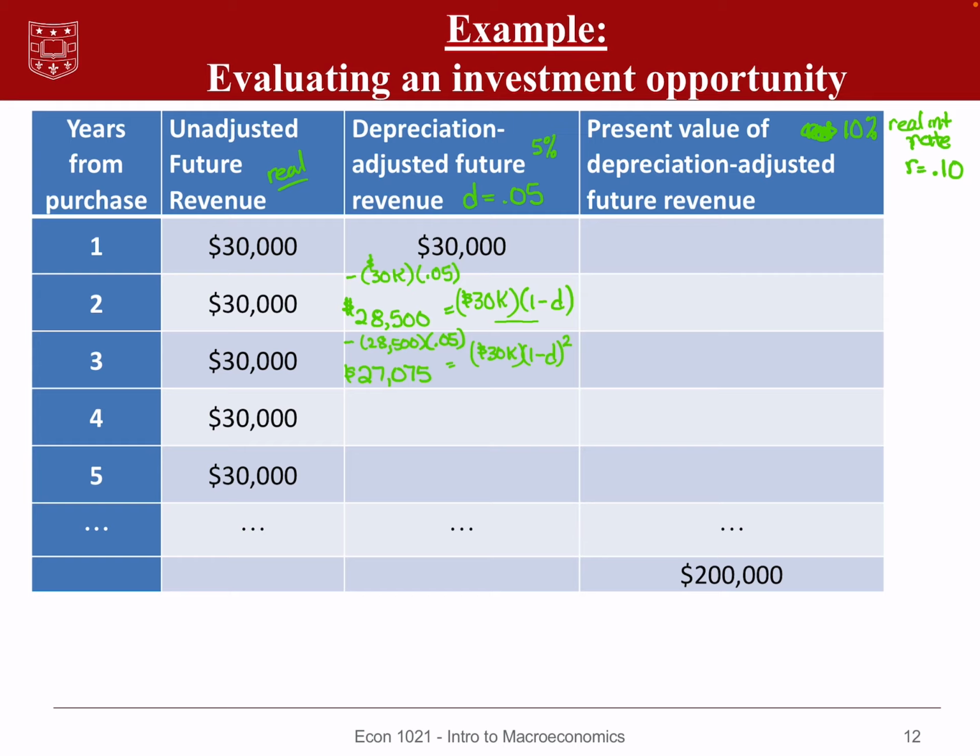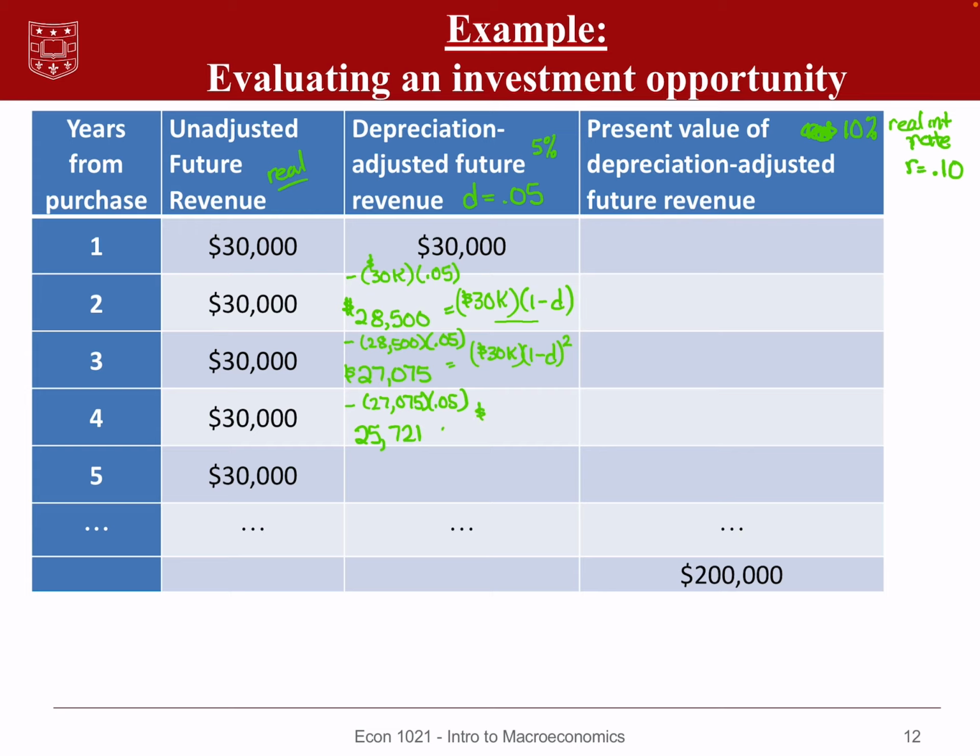And if we did this 2 more times, we would subtract for year 4 the depreciation, which would be 27,075 times 0.05, and we would get as the revenues 25,721. And what is this?